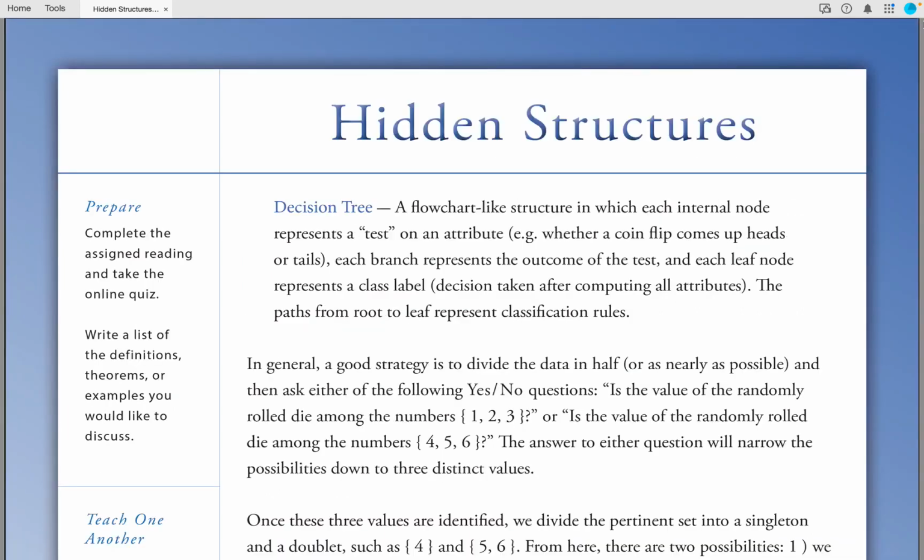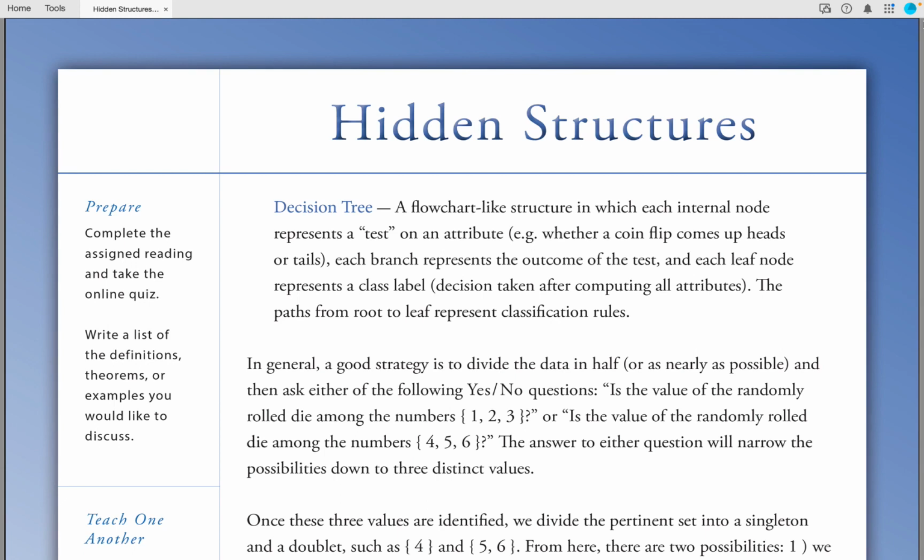Decision tree: a flowchart-like structure in which each internal node represents a test on an attribute, for example, whether a coin toss comes up heads or tails. Each branch represents the outcome of the test, and each leaf node represents a class label. The paths from root to leaf represent classification rules.